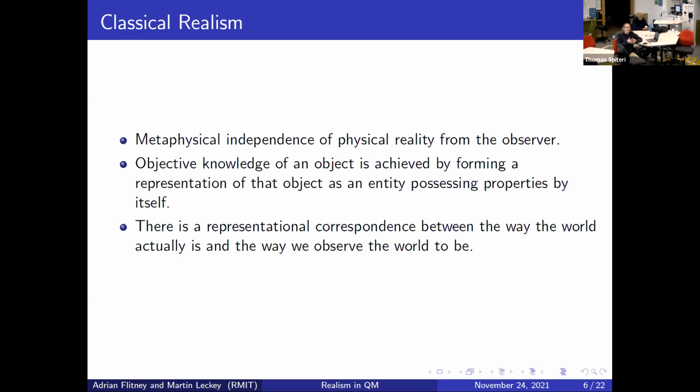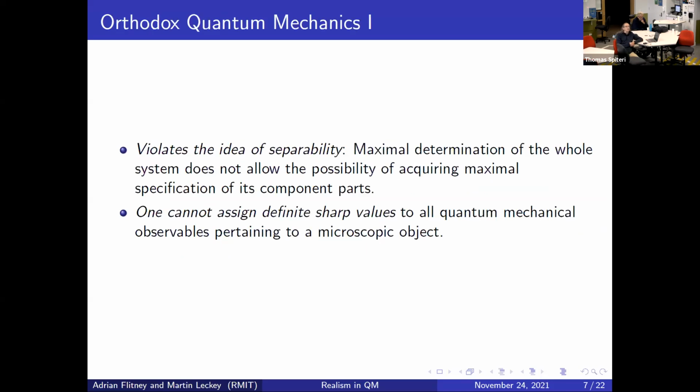We can form objective knowledge of an object by creating a representation of that object, and it possesses all of its properties in and of itself. And then we have this correspondence between the way the world actually is and the way we observe the world to be. Next slide. In orthodox quantum mechanics, we have to throw out some of these ideas of classical realism.